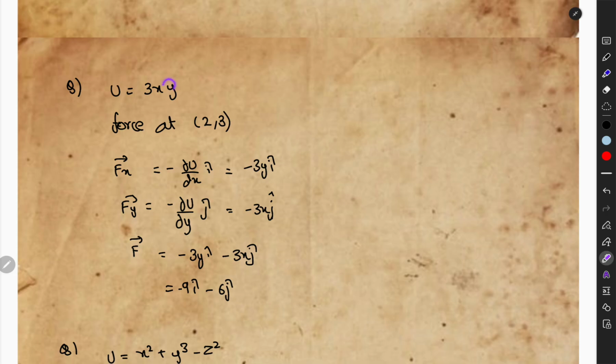When you keep this constant, this will come outside and x will get removed when you differentiate it, so 3y i cap, right? Minus should be there. Again, minus dU by dy, which gives you minus 3x j cap, right? So put the values in this combined equation, and this will be the value.